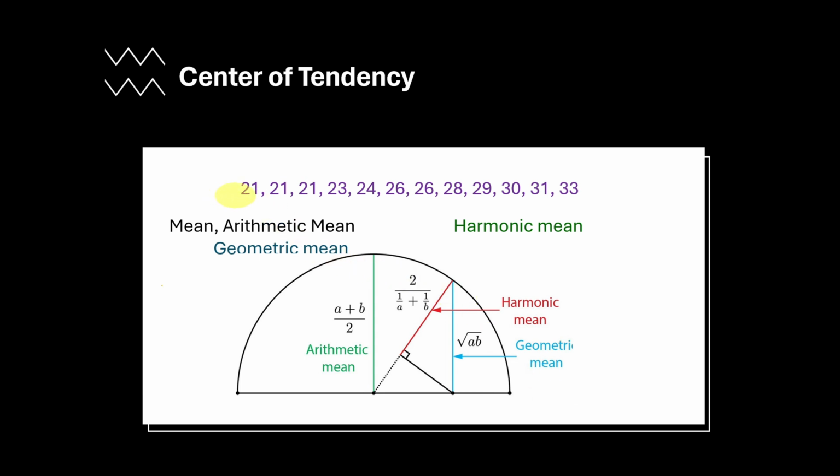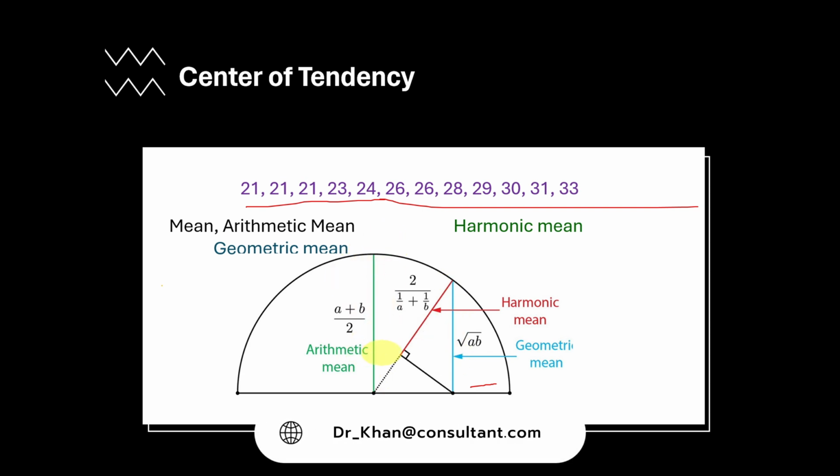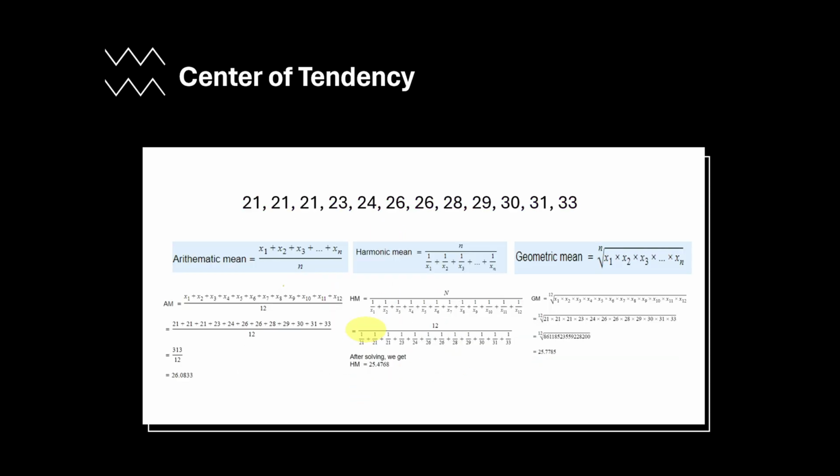For example, this is the data we have. In this data, if we use the geometric mean, we will get this side of the value. If we use harmonic mean, we'll get this side, geometric mean over here, and arithmetic mean is the center. That's where you will get the arithmetic mean. Now, if I wanted to put that into the formula, it's very simple.